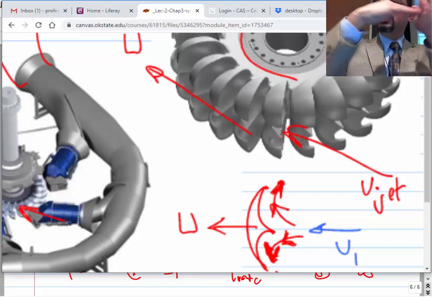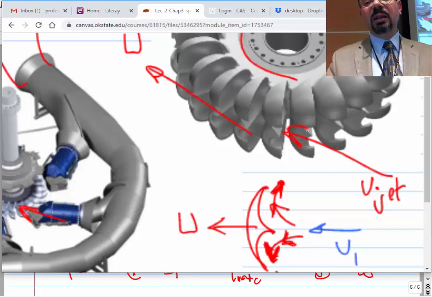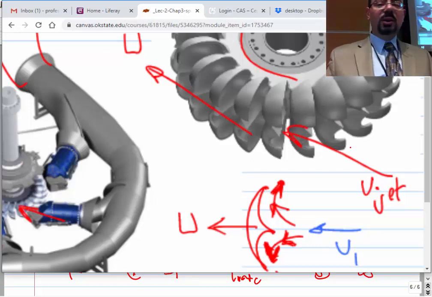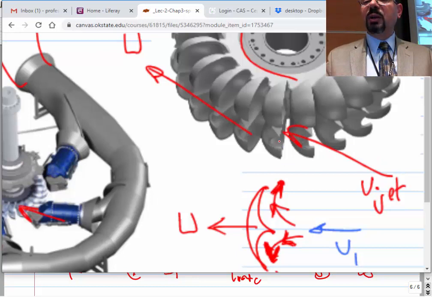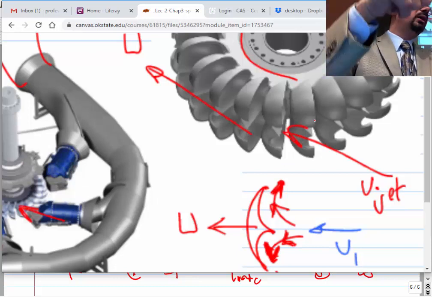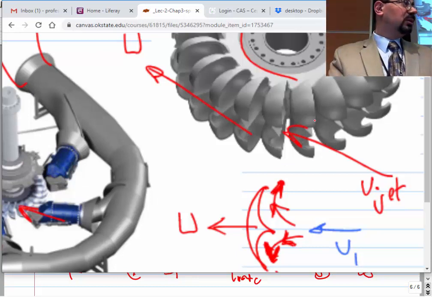You want to hit it when it's like this. Because when it is like this, then the guy next to it is in the way. So that's why you see all the plates are kind of cut. Not a complete bucket, not a complete half cup. So they have all those openings so that when the water is hitting this one, the one that's still going to roll in is not in the way, and the water can go through it. Okay?